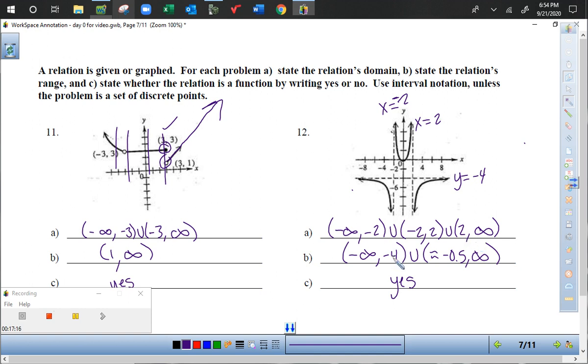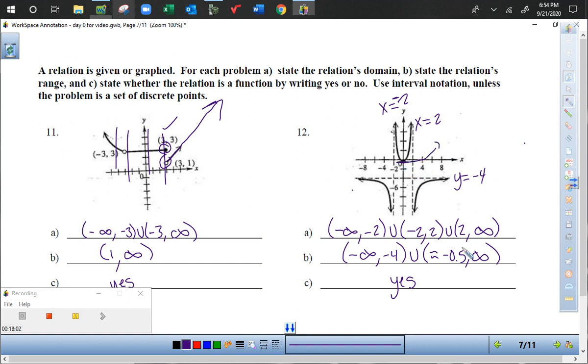On the y values, we've got a little bit of work to do here, because the bottom chunk goes from -infinity to -4, but this is the first example where it doesn't pick up right where you left off. There's this gap in the y values, in the vertical part of the graph here, that we want to skip over. It doesn't pick back up until right about here.